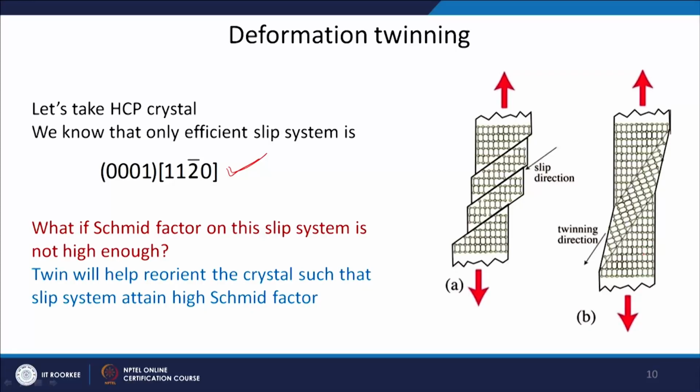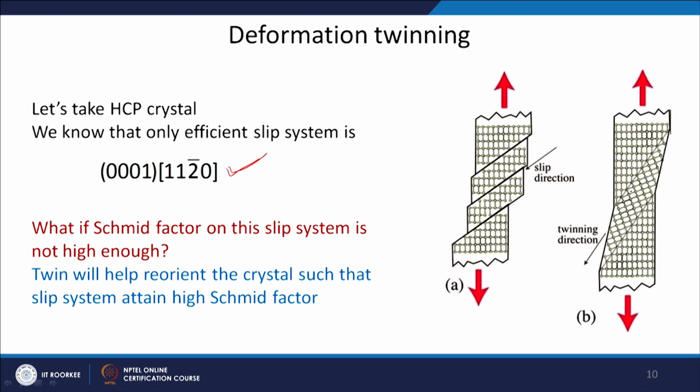So, the initial arrangement is not able to give me the maximum resolved shear stress for the slipping process. What my material is trying to do is now it has reoriented the crystal here. You can see now the orientation, or the arrangement, has changed.